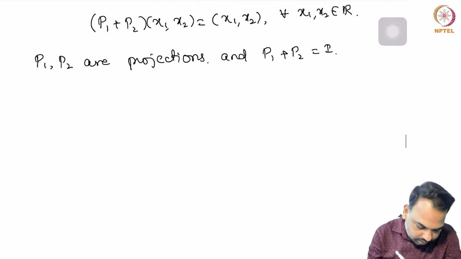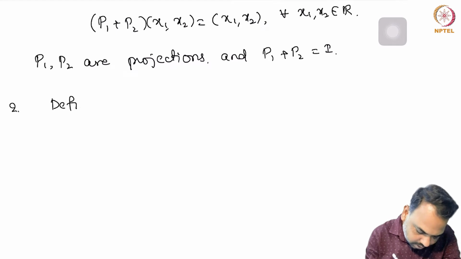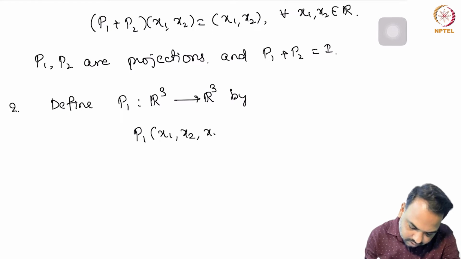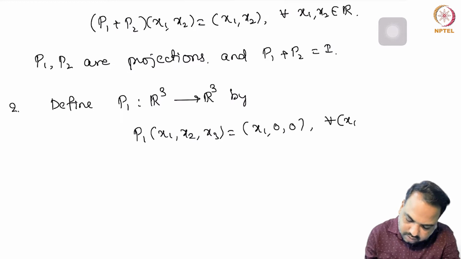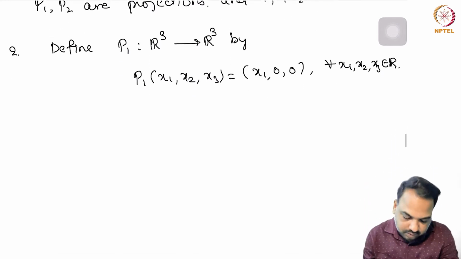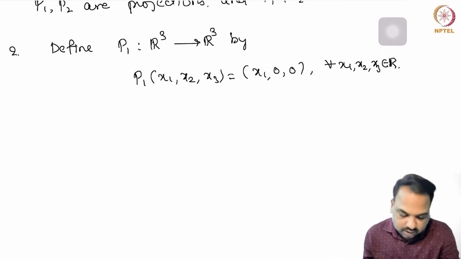Let us look at a few more examples. So define P1 from R3 into R3 by P1 of (x1, x2, x3) as (x1, 0, 0) for all x1, x2, x3 in R. So we can show that this is again linear and bounded, and it's a projection.